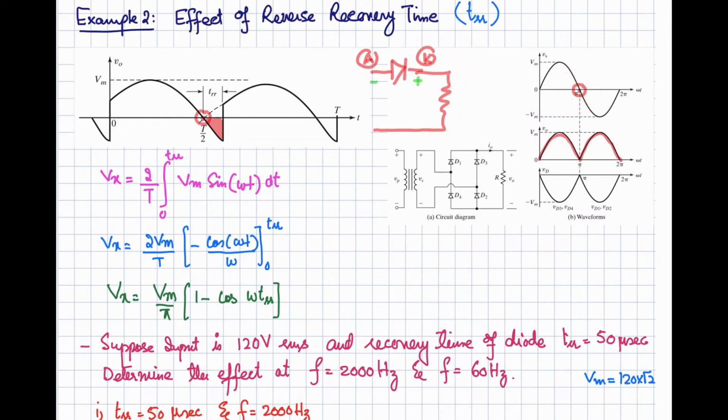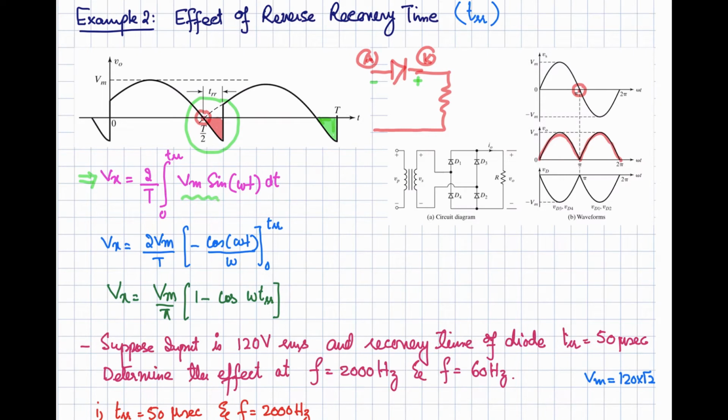Now we are going to calculate the effect of the reverse recovery time over the voltage. We integrate and look at the area covered by this portion of the waveform, which is because of the recovery time. Let's suppose that Vx is the loss of the voltage. It will appear twice in one cycle of the supply across the load.